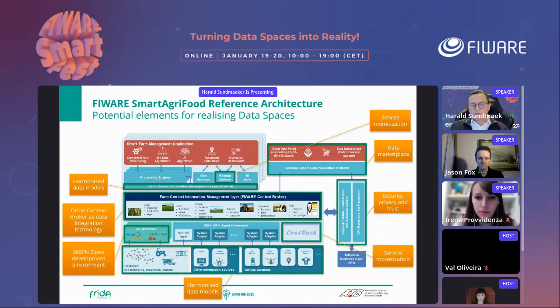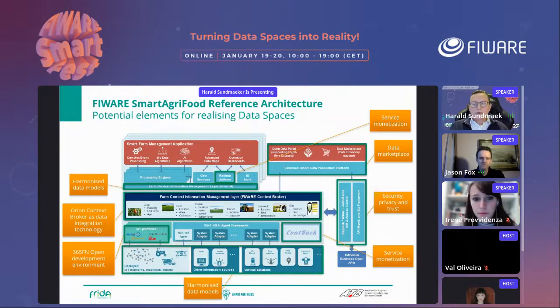We can talk about service monetization. There are already components available via FIWARE, about data marketplaces, about security, privacy, and trust, about authorization, authentication. And also we can integrate in such environments. Therefore, I was also bringing there this 365 FarmNet, Farm Management Information System, just one example of many. But also there, if we have their open development environments, how can this be integrated into such architectures?